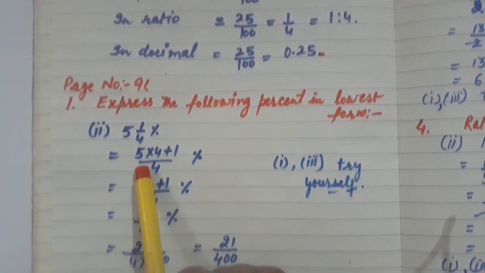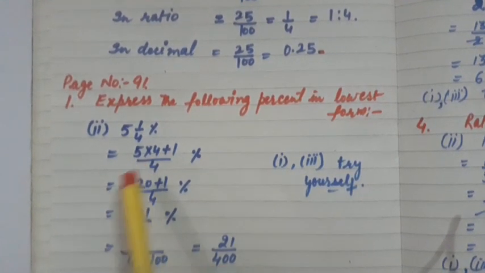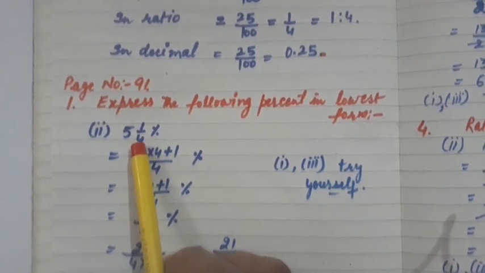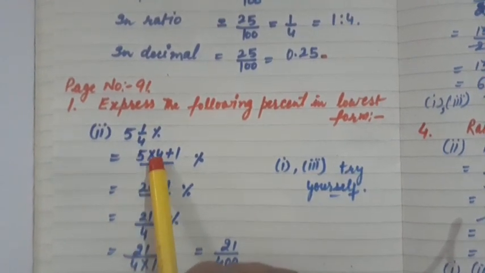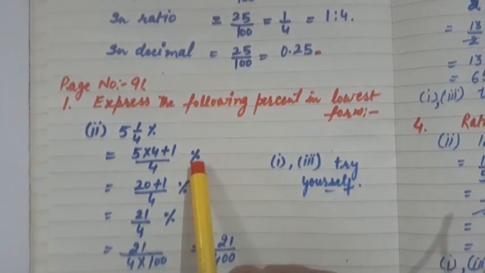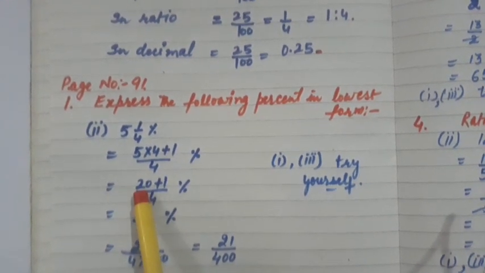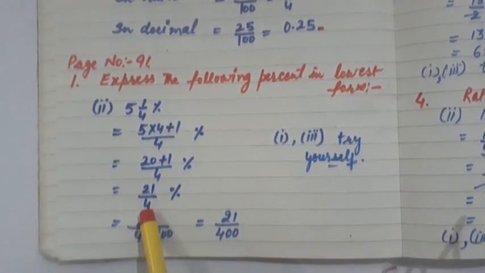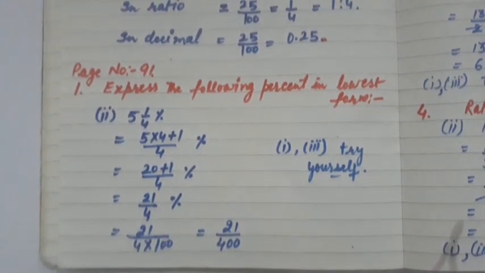To change it into an improper fraction, we multiply the quotient by the divisor plus remainder. 5 into 4 plus 1 upon 4, divisor as it is, percent. So 5 fours are 20 plus 1 upon 4, that is 21 upon 4 percent.